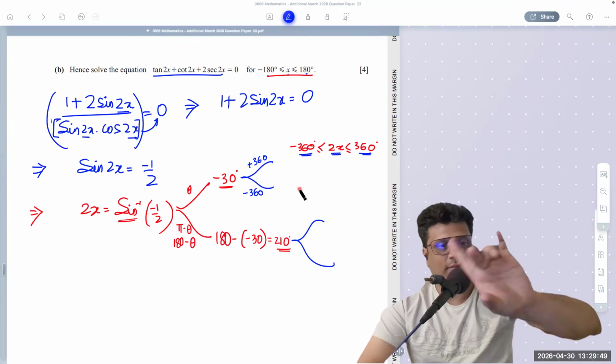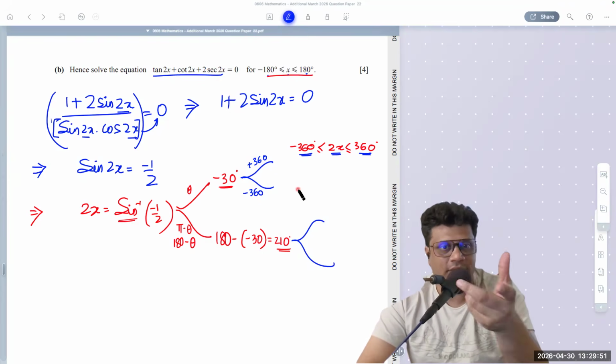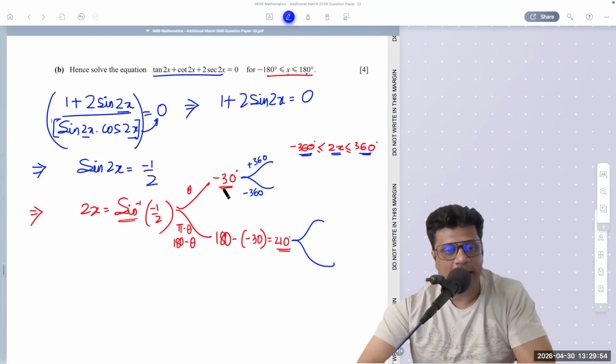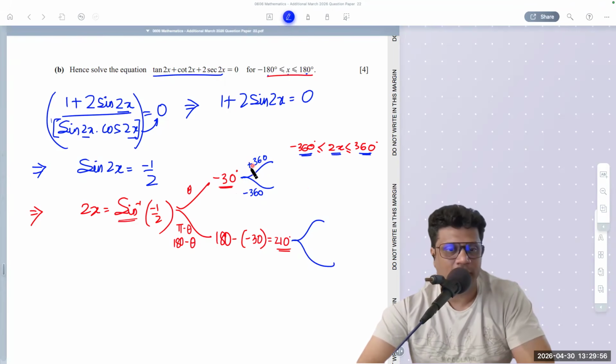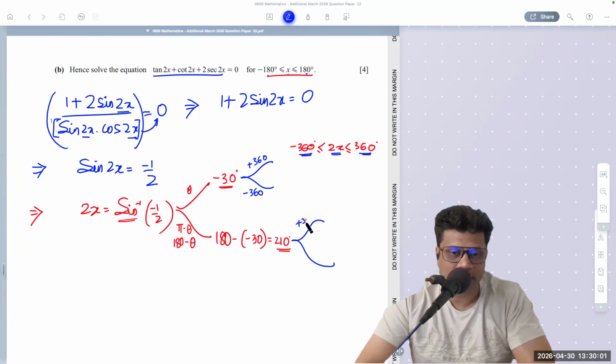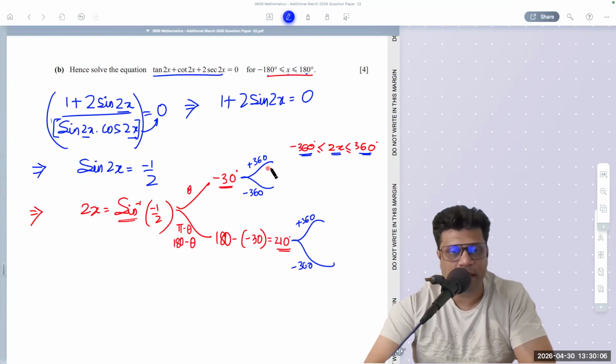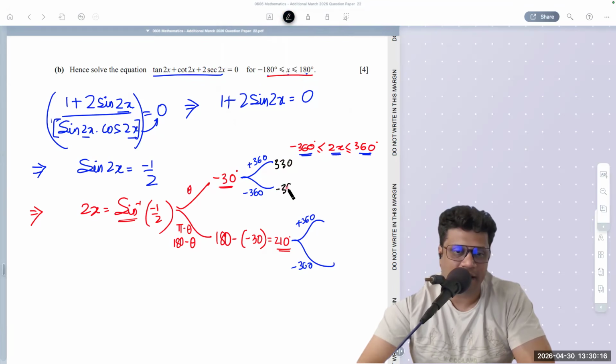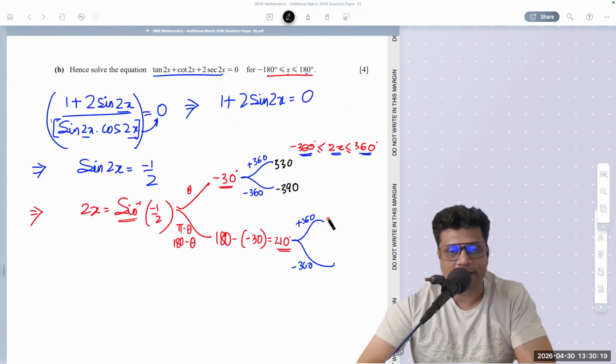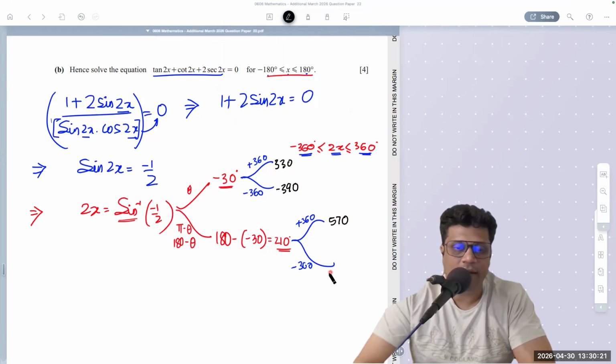If you rotate a thing by 360, you're actually coming back to the angle. So negative 30, I'll rotate it with a plus 360 and a minus 360 to get more possibilities. And the same on the other one. Well, this fetches me, let's write it in a different color, 330. This is a negative 390. This is a 570. And this is a negative 150.